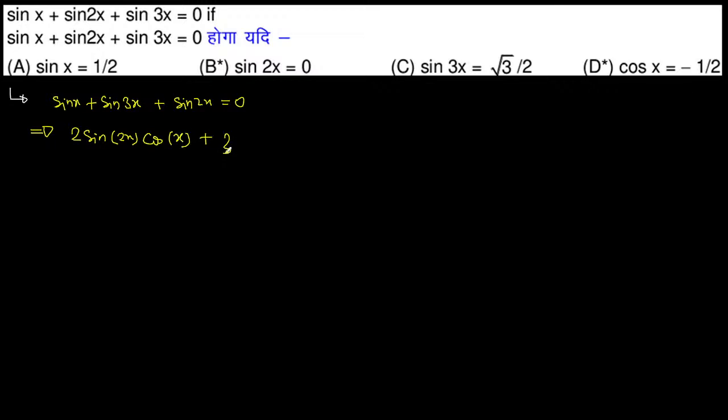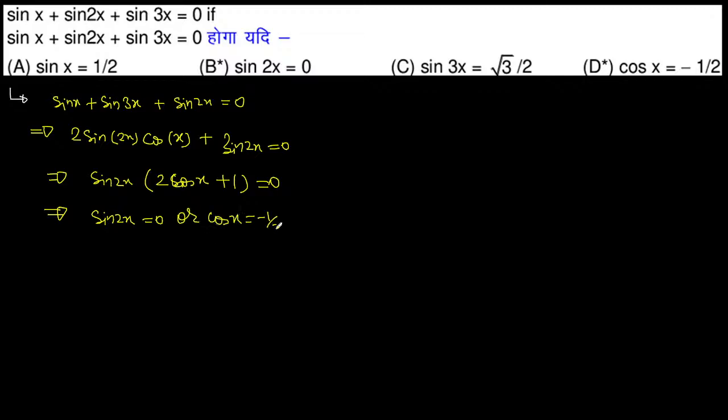This is sin 2x equal to 0. Taking sin 2x common, we are left with 2 cos x plus 1 equal to 0. So sin 2x is equal to 0 or cos x equal to minus 1 by 2. So options B and D.